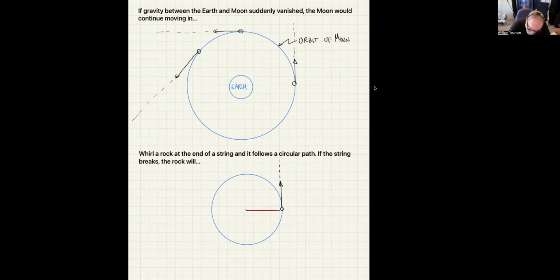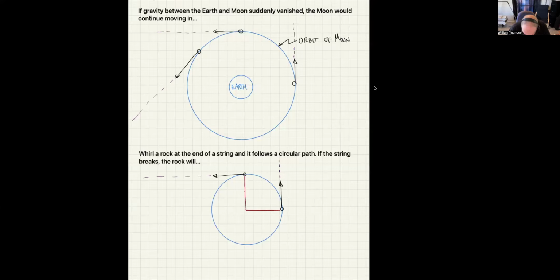If the string were to break right here at the top, then the tangential velocity there is in that direction. And that would mean that if we broke the string right there, it would follow off in this direction.